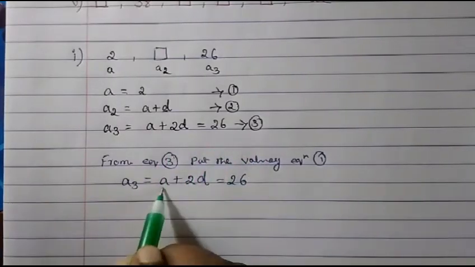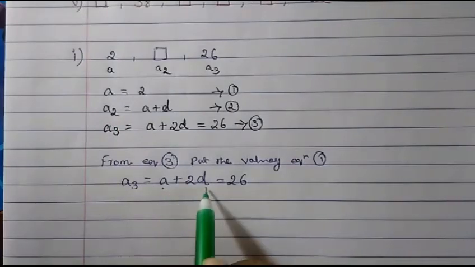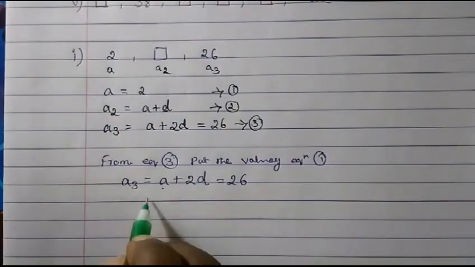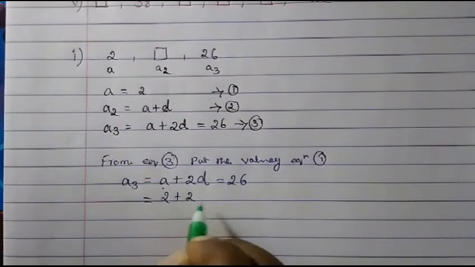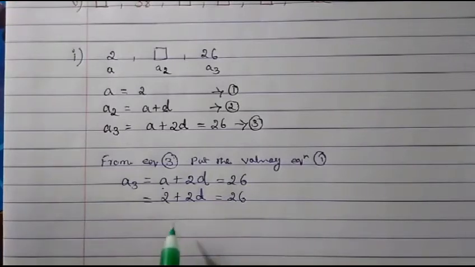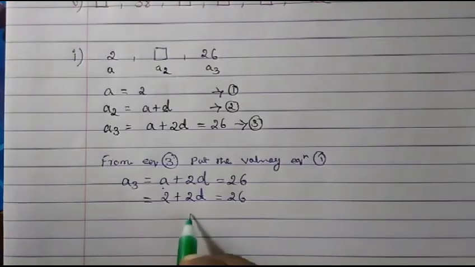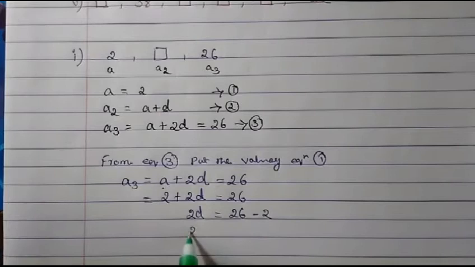So we know the value of A, and if we put the value of A in this equation, then we can find the value of D. A value is 2, so 2 plus 2D equals 26. Let's keep 2D here only. Here the 2 is in plus; when it comes to the other side, it becomes minus. So 2D equals 26 minus 2, which gives us 24.